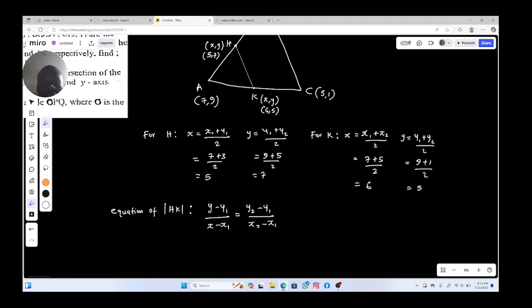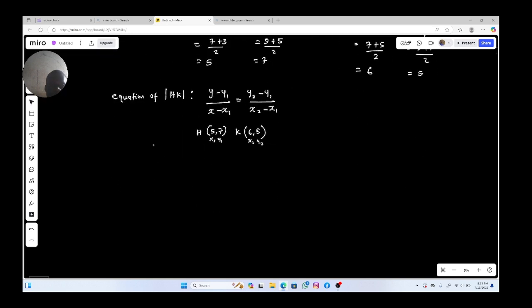Okay, so we're going from H to K. If you're moving from H to K, H is 5 and 7, and then K is 6 and 5. So here is x1, y1, x2, y2. Let's move it a bit up and solve.